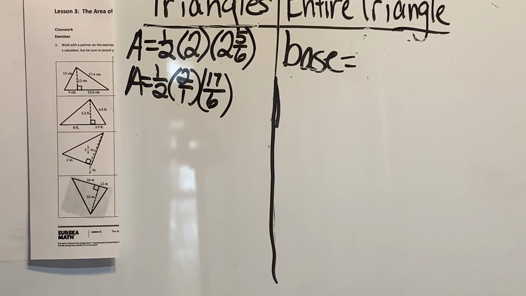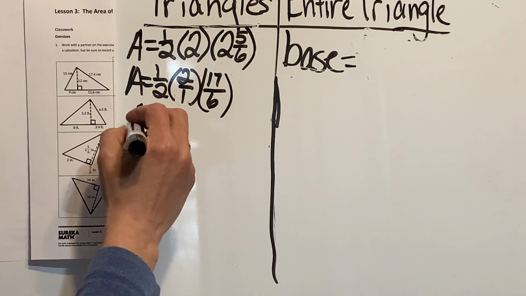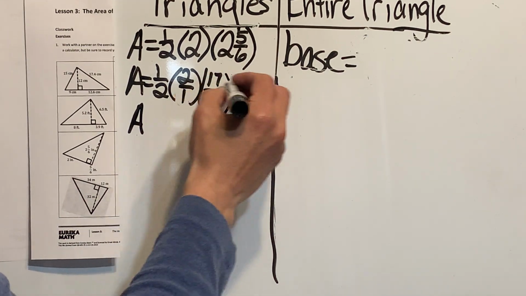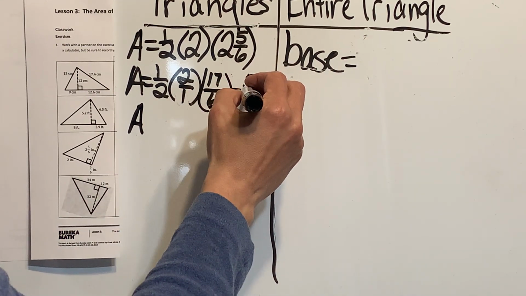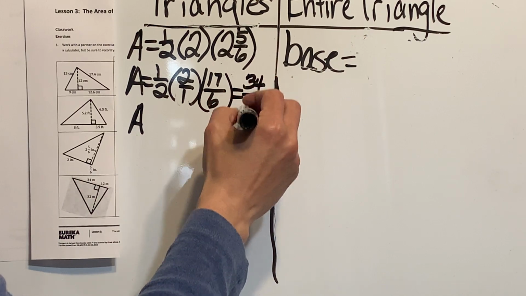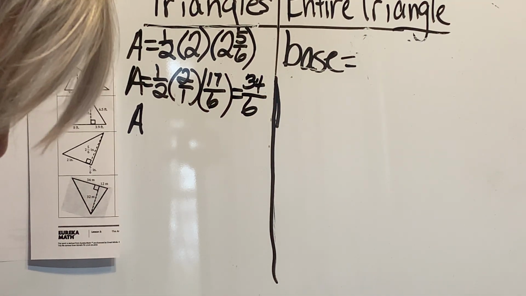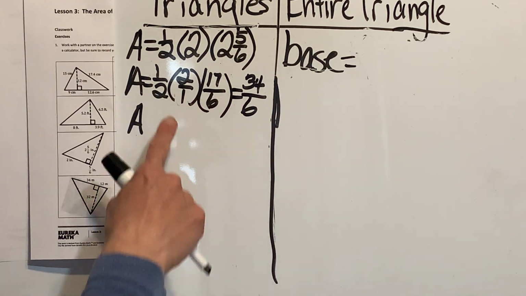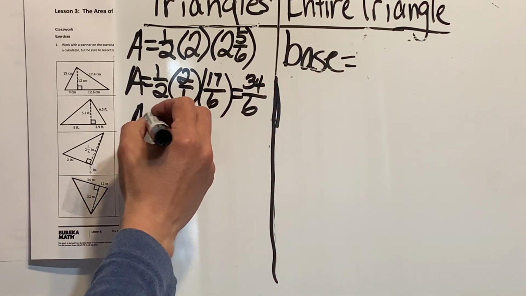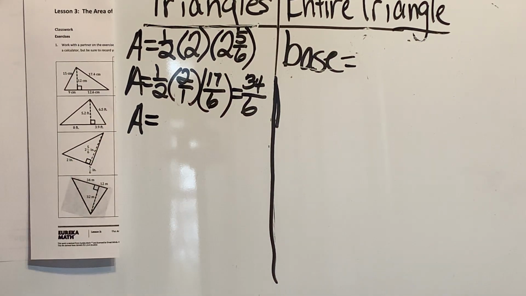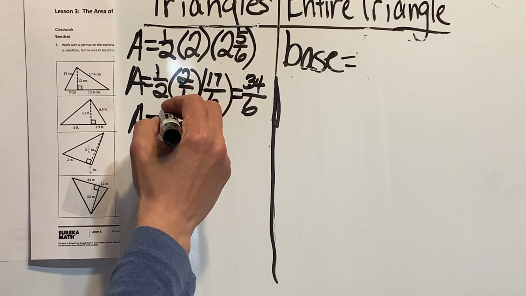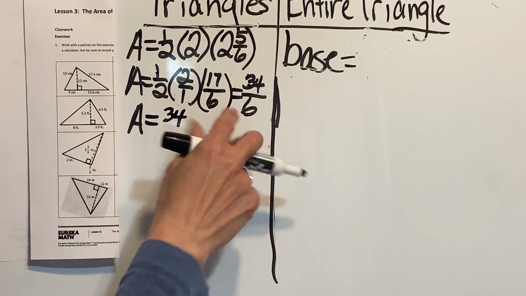So when we multiply this, then the area would be, we would go ahead and multiply this as 34/6, and we need half of that, and so that would be a grand total of 34/12 because we multiply 1 times 34 and that's 34, 2 times 6 is 12.